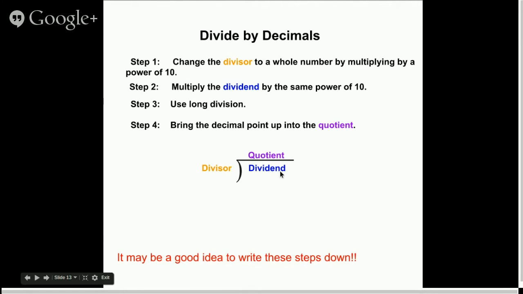Then you need to multiply this number by the same number. So if you multiply this number by 100, you need to multiply this by 100. If you multiply it by 1,000,000, you need to multiply this by 1,000,000. If you just multiply it by 10, you need to multiply this by 10. Then wherever the decimal point is, it goes up into the quotient, just like normal long division.